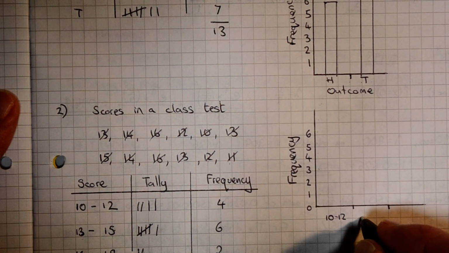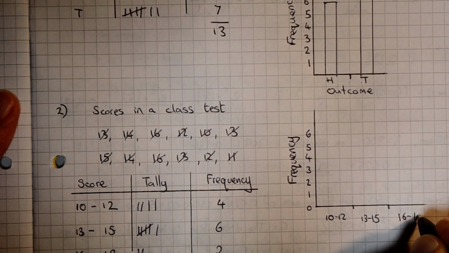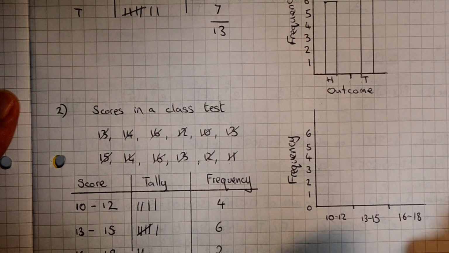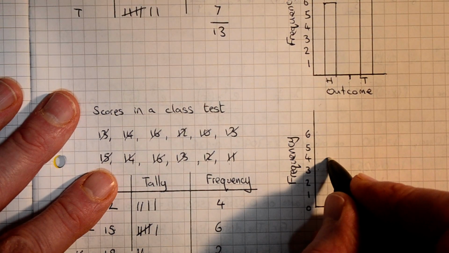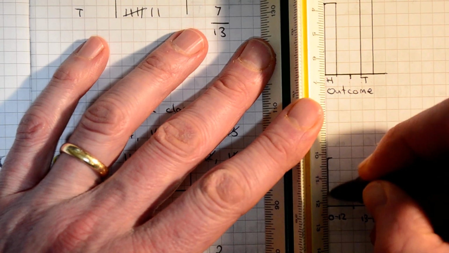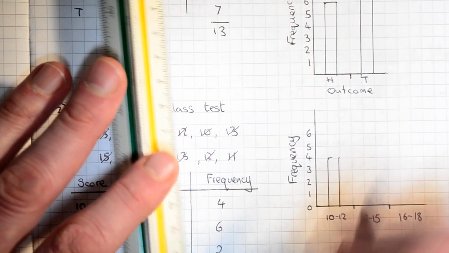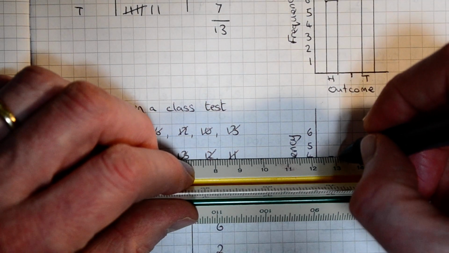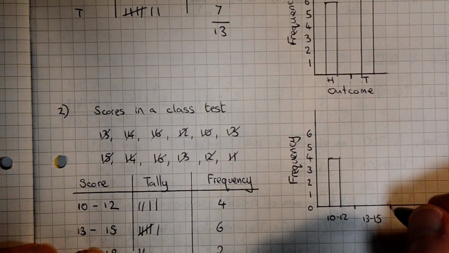This is distinct categories. And 16 to 18. And then I can draw my bars in. So 10 to 12 goes up to 4. Thirteen to 15 goes up to 6.